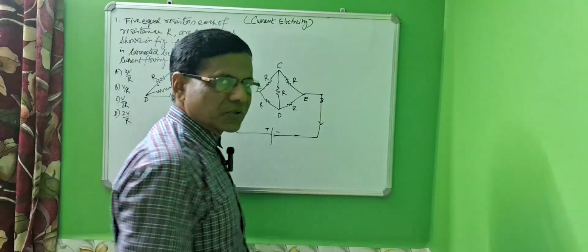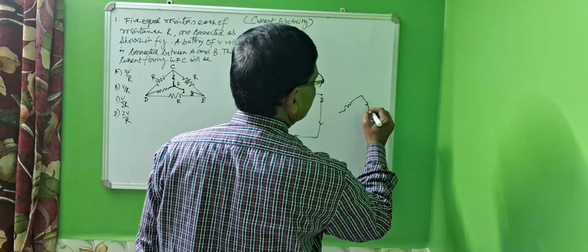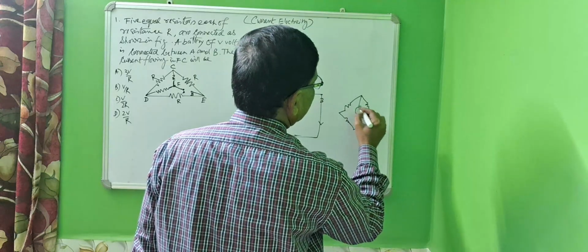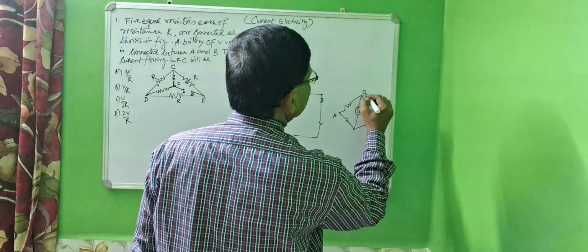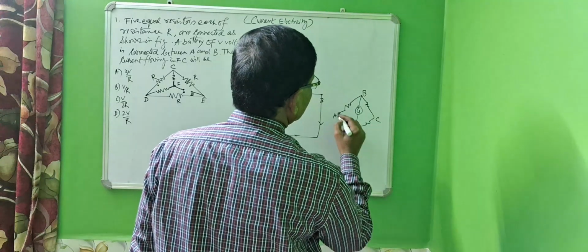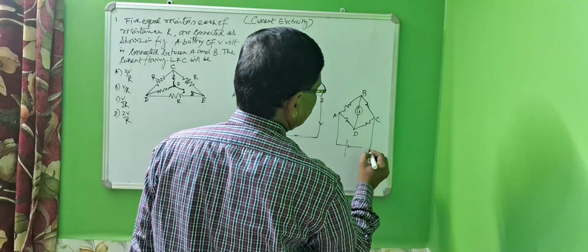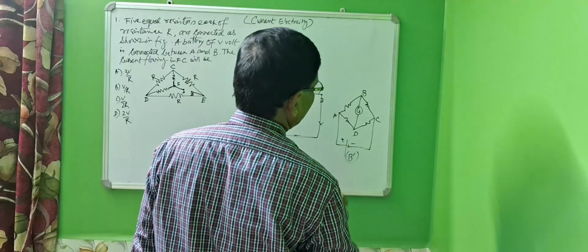For the Wheatstone bridge principle, we know this type of Wheatstone bridge. Suppose this is galvanometer G, and this is battery B dash.